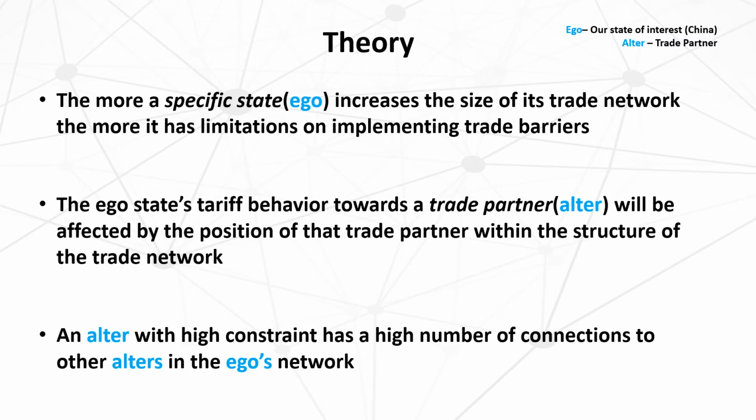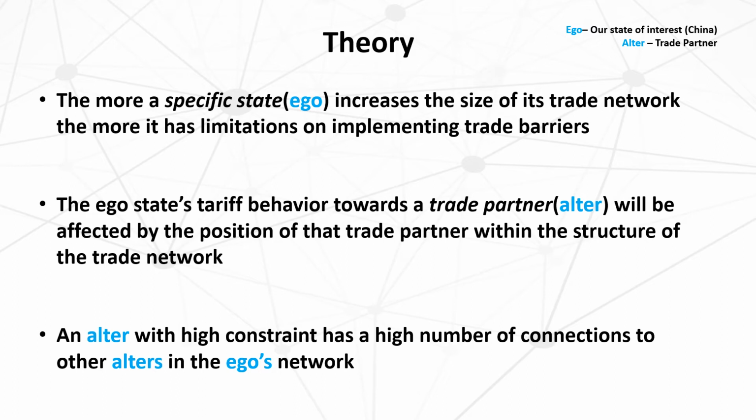A trade partner, an alter that is very central in the network, that is connected to lots of other states, is going to be more visible in that network. If a state is looking at a partner state that trades with the ego, so you have two alters and it's looking at an alter that trades with the ego to learn about the ego's behavior, if that alter that's being watched is being watched by lots of other alters because it's connected to more alters, that's more alters it's essentially relaying that information to.